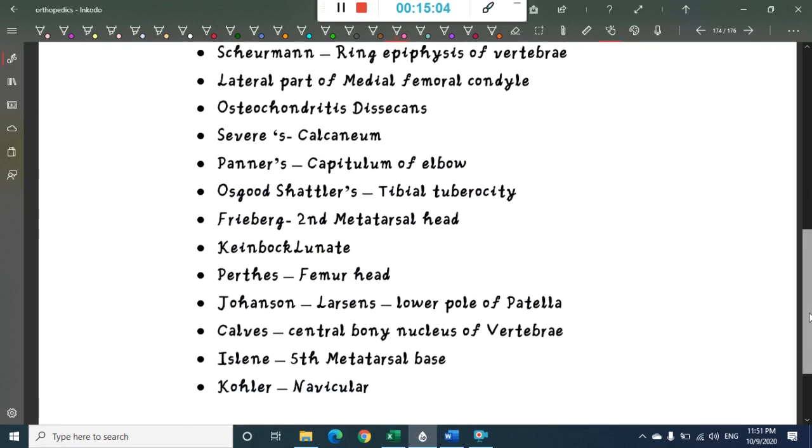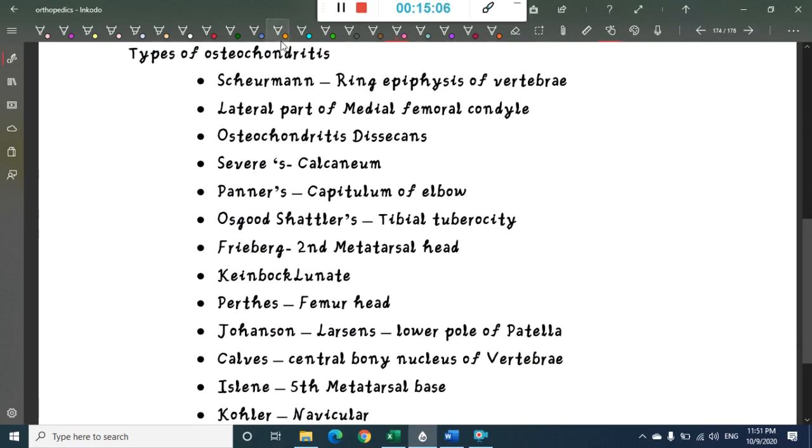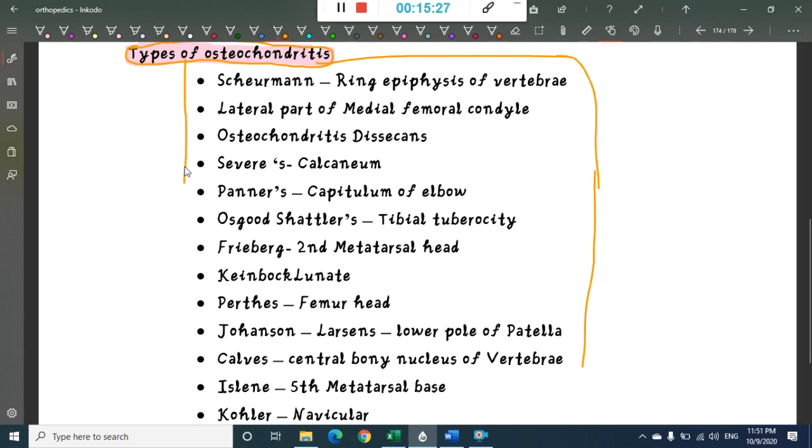Now the most important is this list. In orthopedics we have many lists which you should remember, and I can't help it. Here the most important list is the types of osteochondritis. One, we have Scheuermann's osteochondritis, which is of the ring epiphysis of vertebrae.